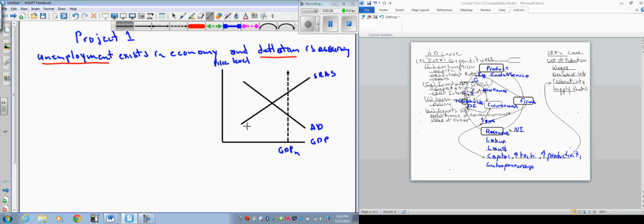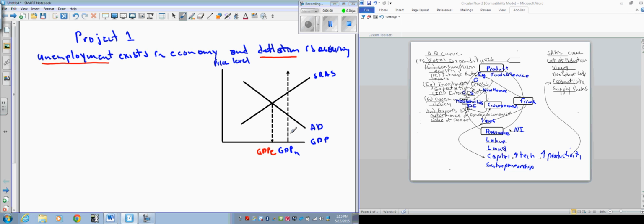So that intersection right here is to the left of GDP natural, and we call this the GDP at equilibrium. Now, it makes no difference whether the economy is fully employed, overemployed, or underemployed. There is going to be an equilibrium where the short-run aggregate supply curve and aggregate demand curve cross.